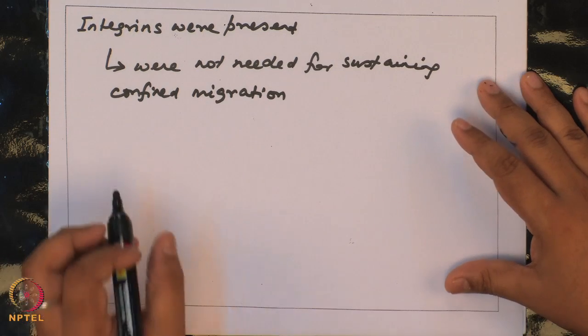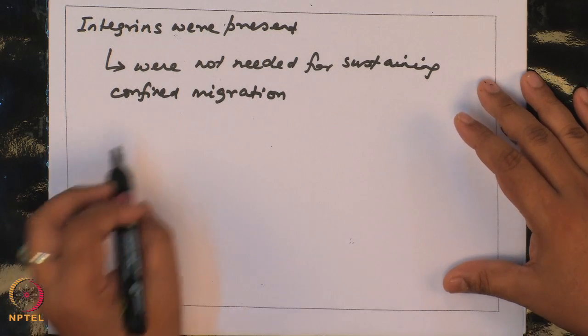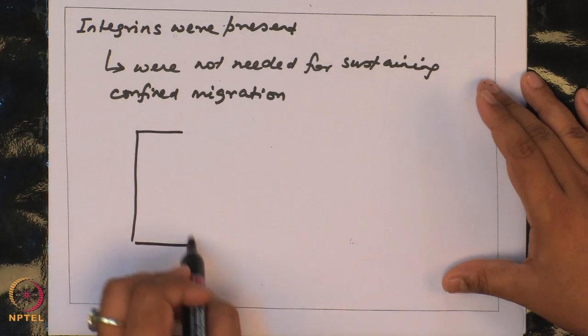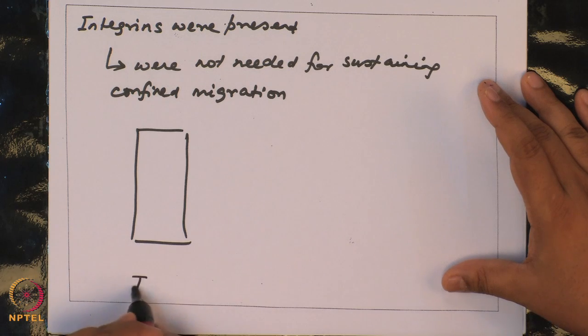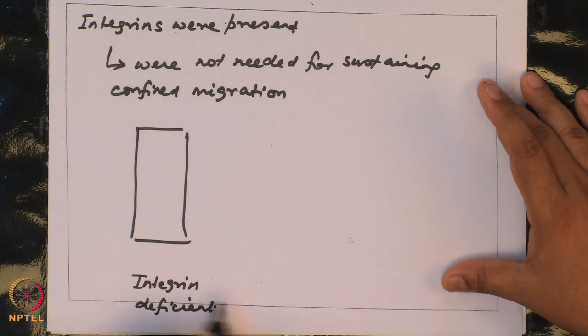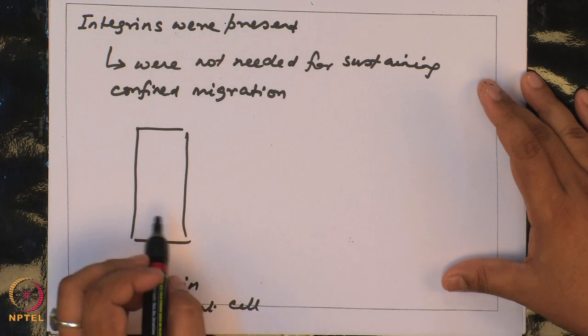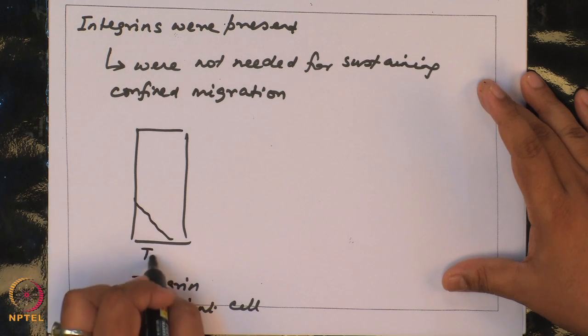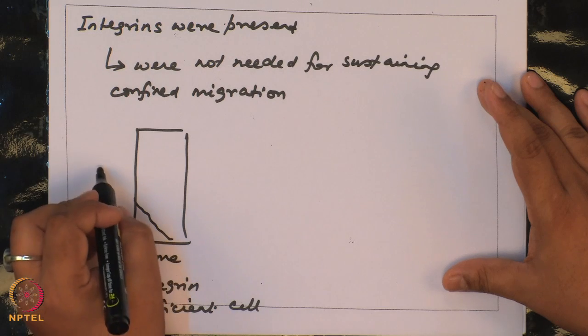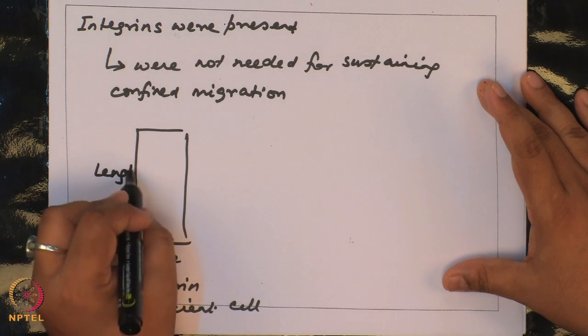And to their surprise, what they found was, if I draw a kymograph, this is a kymograph in an integrin deficient cell. This is the membrane which is moving forward. Once again this is my time axis, this is my length axis.